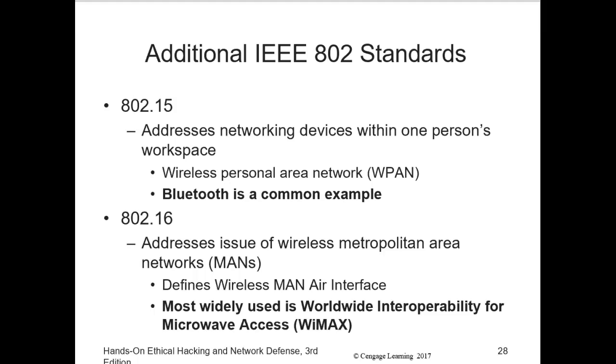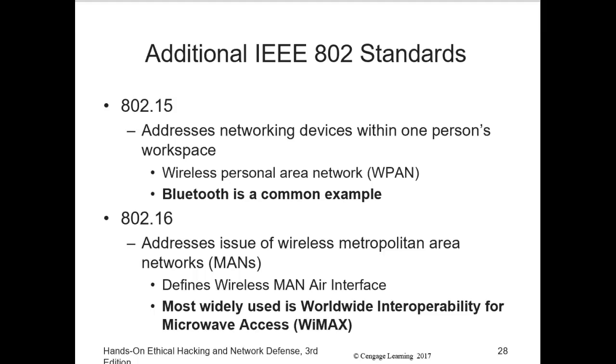802.16 covered wireless metropolitan area networks, or WMANs. And the most widely used implementation of a wireless MAN technology is called WiMAX, or the Worldwide Interoperability for Microwave Access. So WiMAX, frankly, was a failed venture.